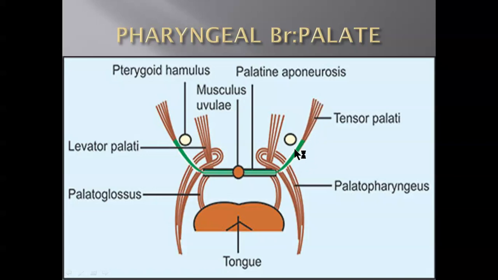as we can see, the tensor palatini keeps your palate in tension. It tenses your soft palate, therefore helping close your nasopharynx from your oropharynx. While eating food, if your nasopharynx is closed off from your oropharynx, the food can't regurgitate into your nasopharynx.